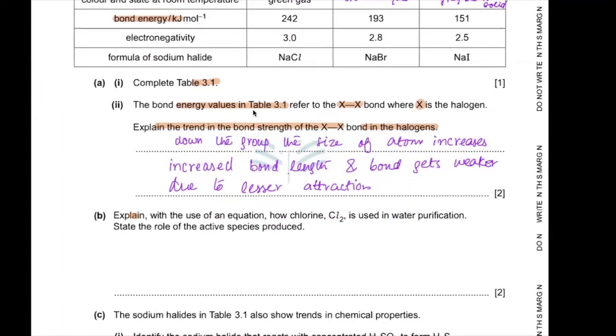Now, explain with the use of an equation how chlorine is used in water purification, and state the role of the active species. So when chlorine reacts with water, it forms HCl and HClO.